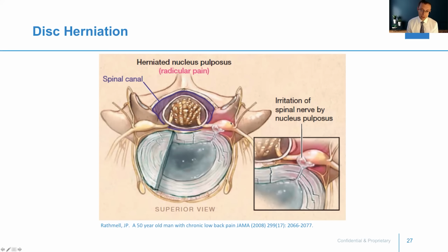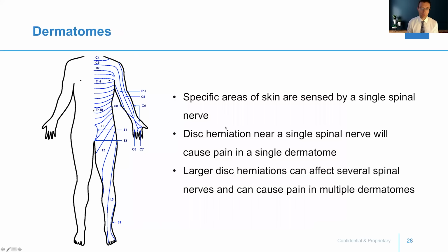When a larger disc herniation occurs, there can also be mechanical compression of the nerve, particularly in the foramen or opening where the nerve root exits the spine. A disc herniation which affects one nerve root in this manner will commonly cause pain in what's called a dermatomal distribution. Specific areas of skin are sensed by single spinal nerves.